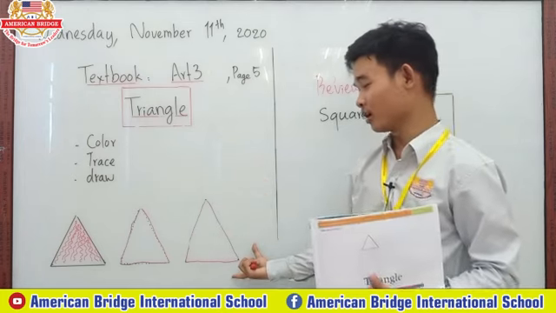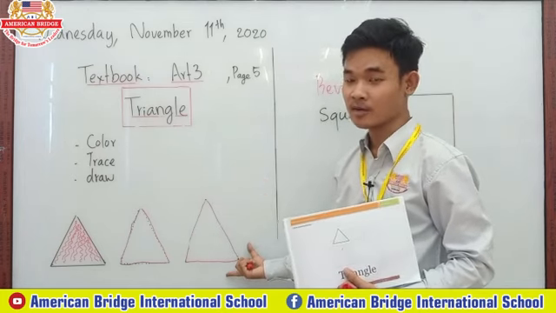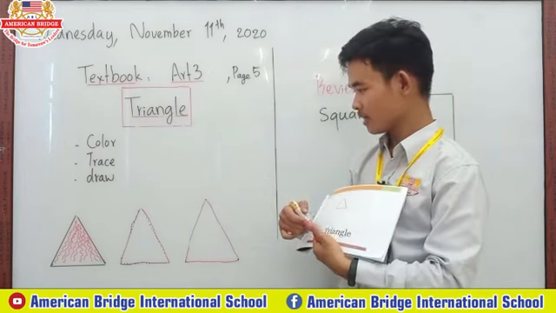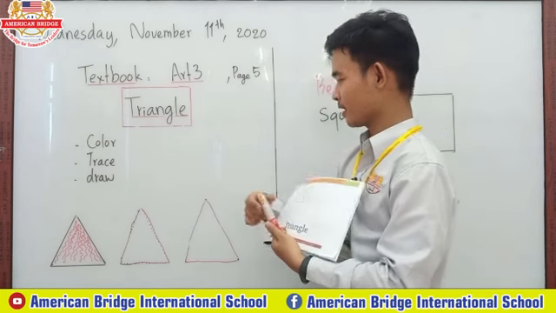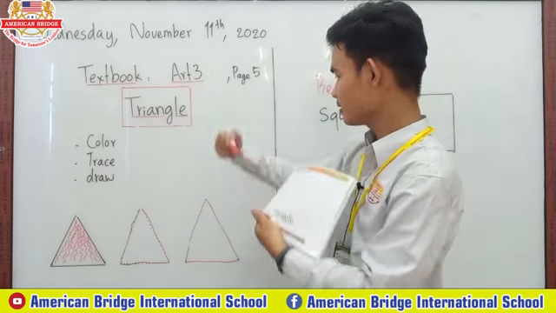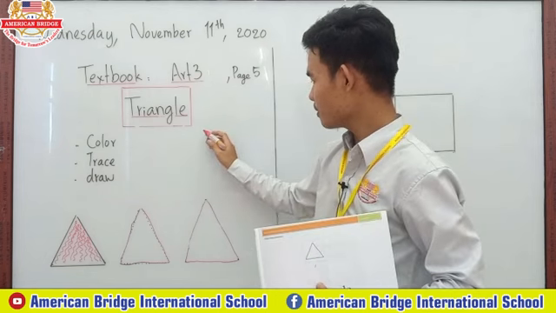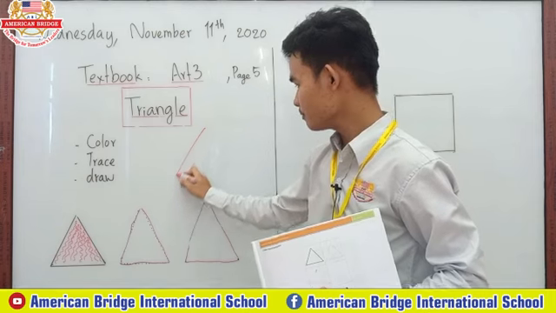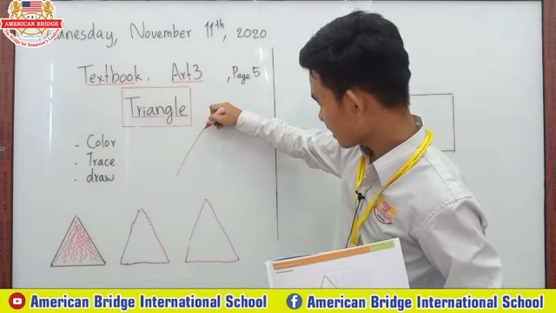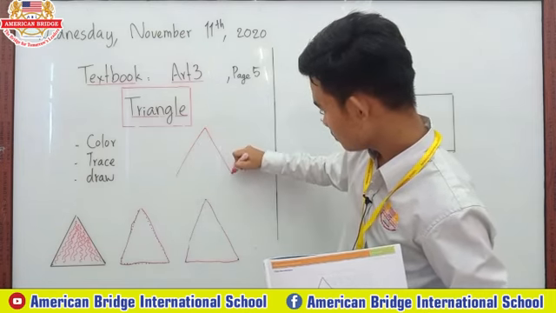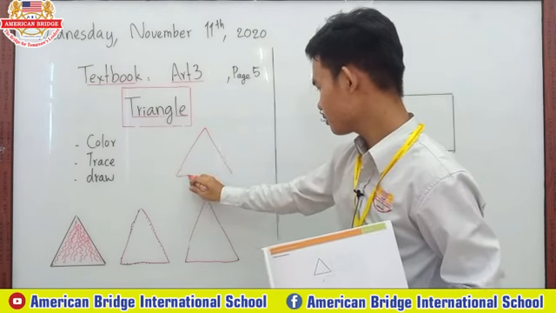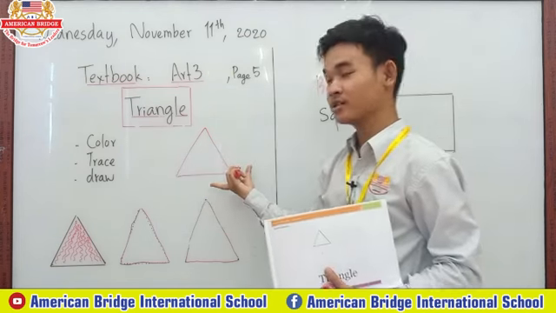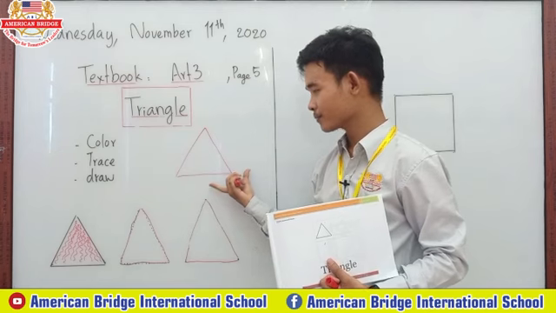Here we have another triangle. Let's make it again, everyone. How do I make a triangle? Let's start from the top to the bottom. 1, again, another side, 2, and then 3. So this is a triangle.